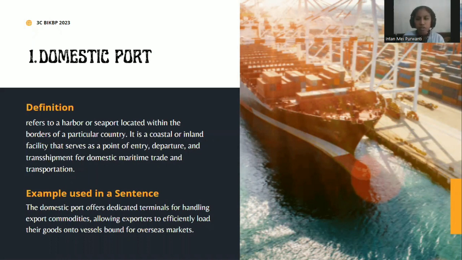Basically, this is an inland facility that serves as a point of entry, departure, and also transshipment for domestic maritime trade and transportation. An example sentence: the domestic port offers dedicated terminals for handling export commodities, allowing exporters to efficiently load their goods onto vessels bound for overseas markets.